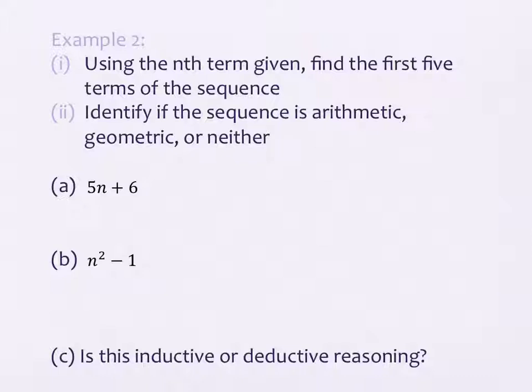So we're going to find the first 5 terms of the sequence. In other words, I'm going to let n equal to 1 and see what I get, and then let n equal to 2 and see what I get, all the way till n equal 5. I want you to do that, and then after you've done that, decide: is the sequence arithmetic, geometric, or neither? And again, you're going to compare with a neighbor.